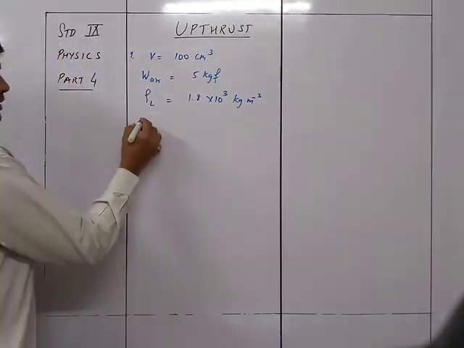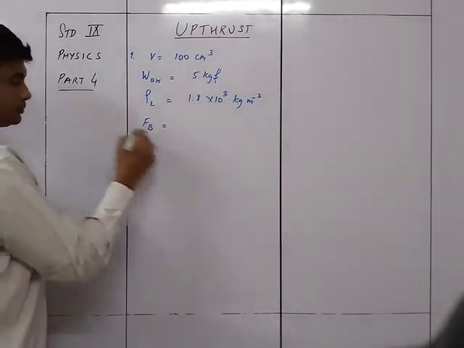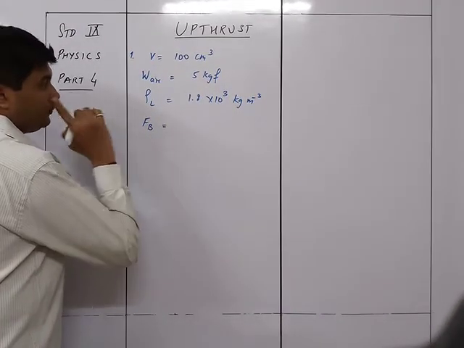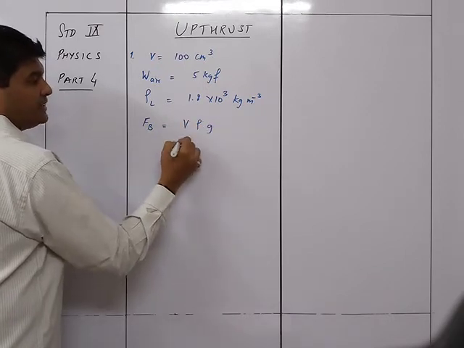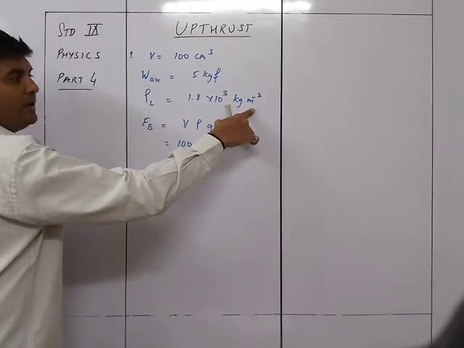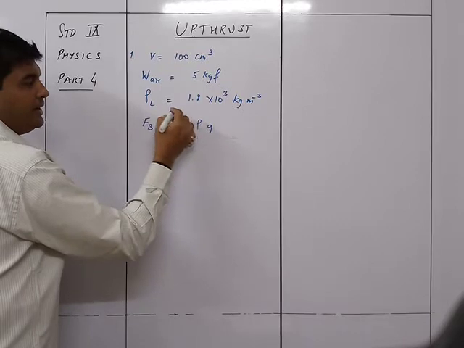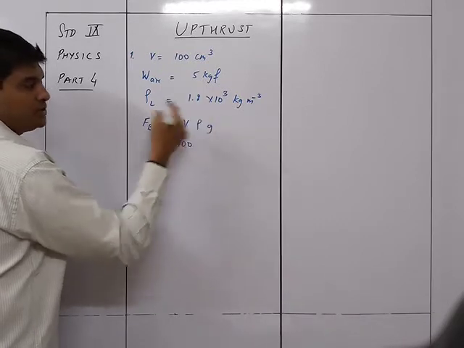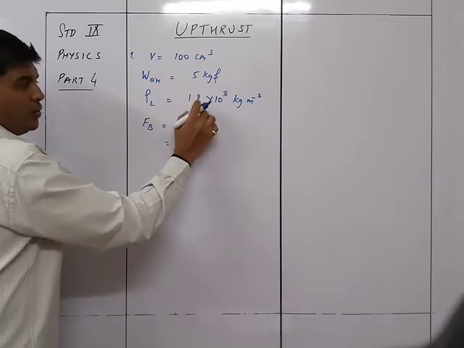So first of all, we need to find out the upthrust. FB is equal to V rho G. So V is 100 centimeter cube. Now the density is in meter cube, so we need to convert the volume from centimeter cube to meter cube.